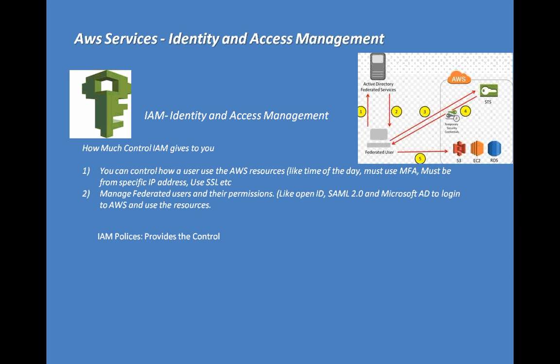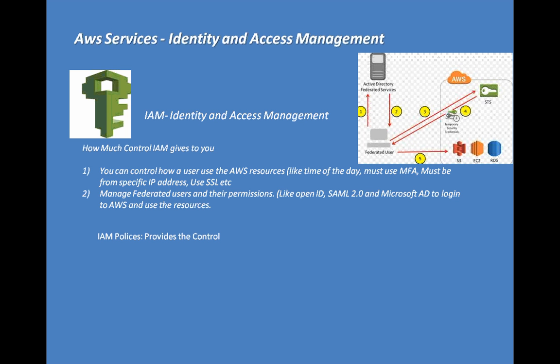In order to control the access to these resources by the identities, AWS provides us policies, which provide the control over how we want these federated users to access the different resources like S3, EC2 or RDS. The policies which we attach to users, groups or roles define what type of resources these identities will be accessing and when.